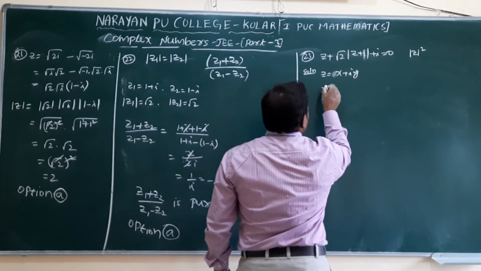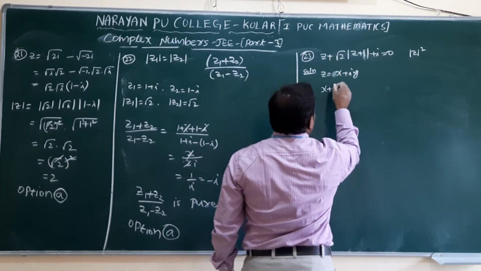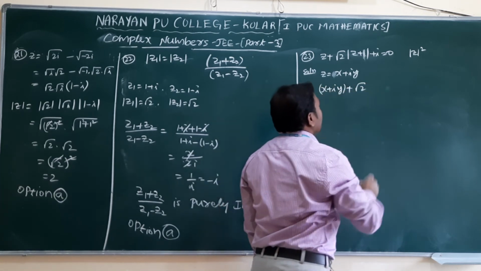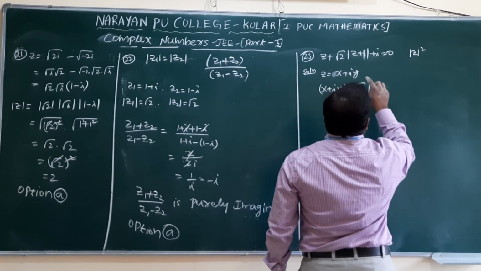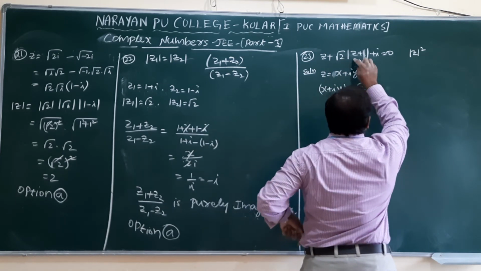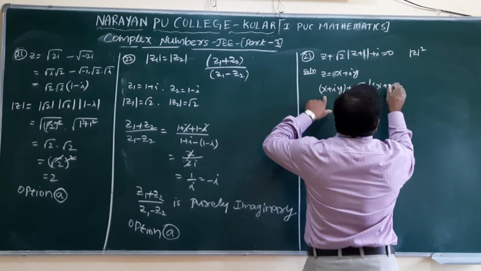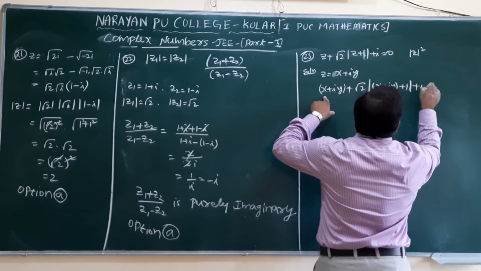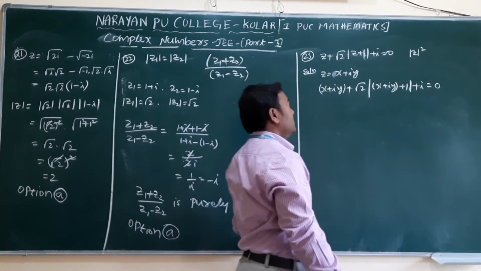Here substitute z as x plus iy: x plus iy plus square root of 2 times modulus of x plus iy plus 1 plus i is equal to 0.